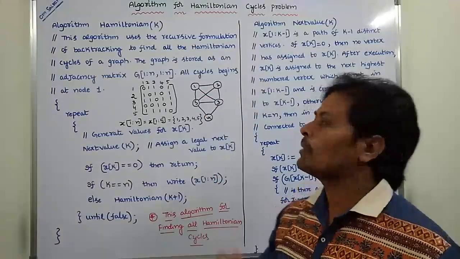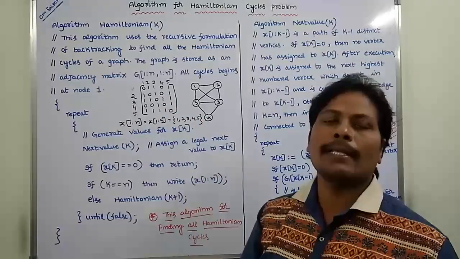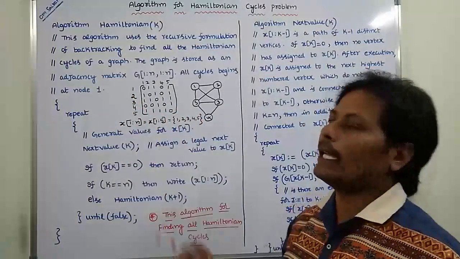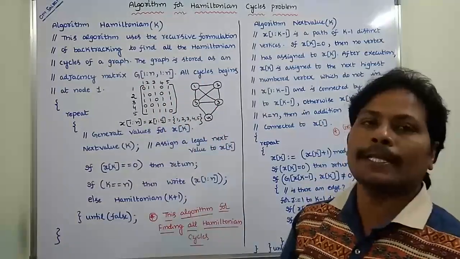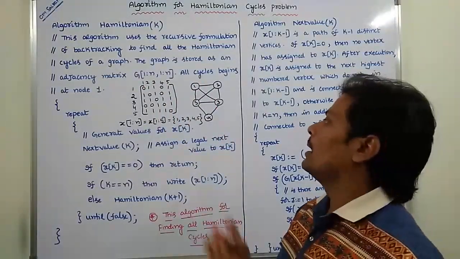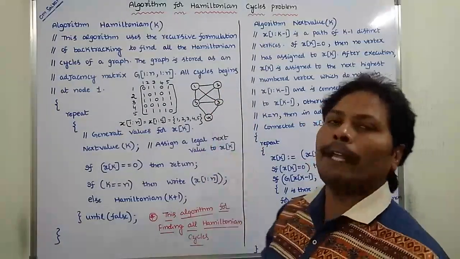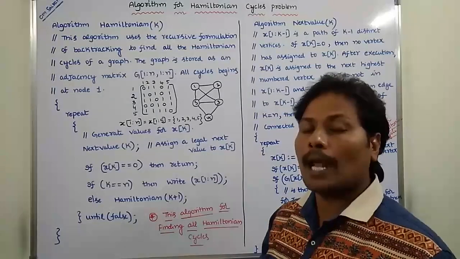The corresponding adjacency matrix has 5 vertices row-wise and 5 vertices column-wise. At each and every vertex there are no self loops.